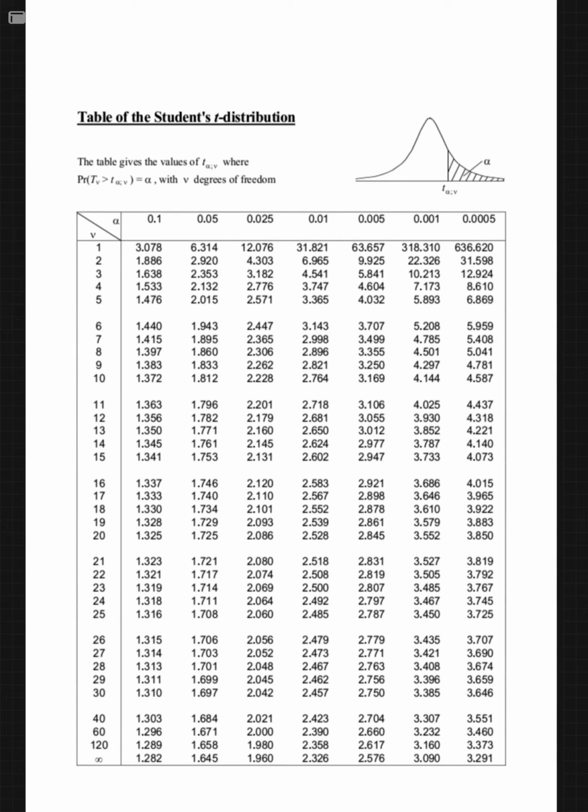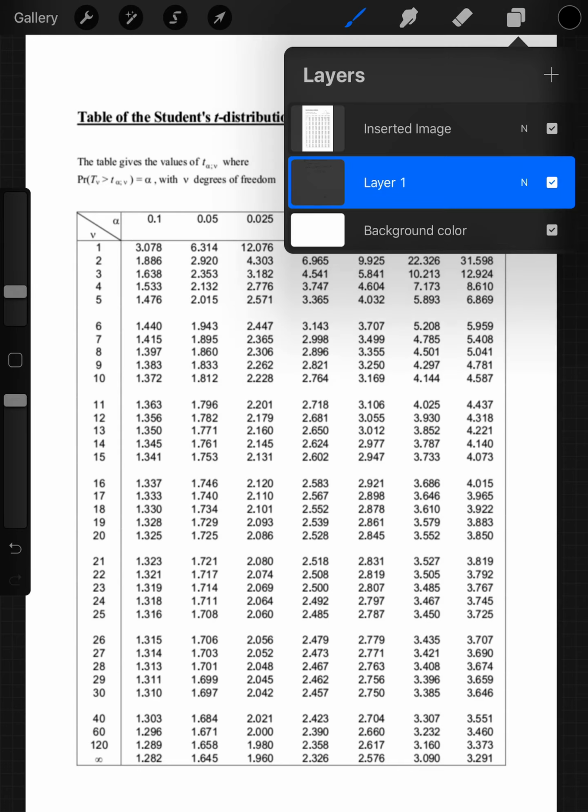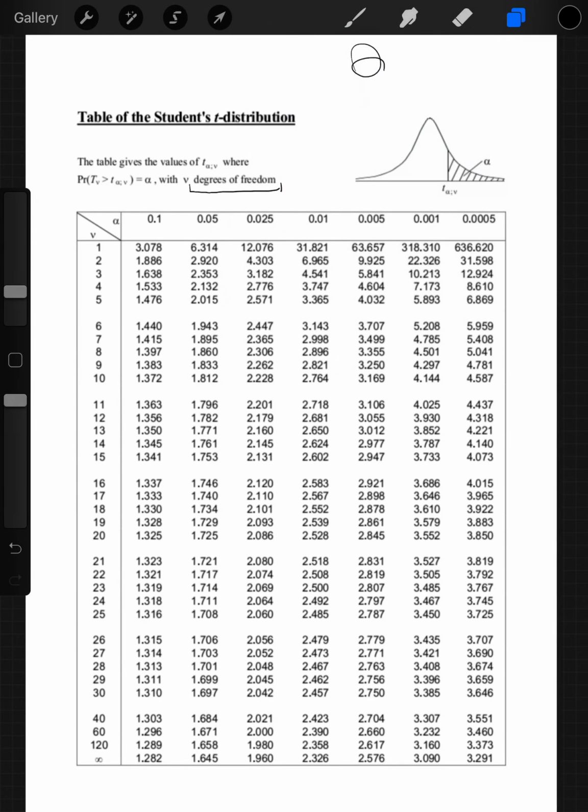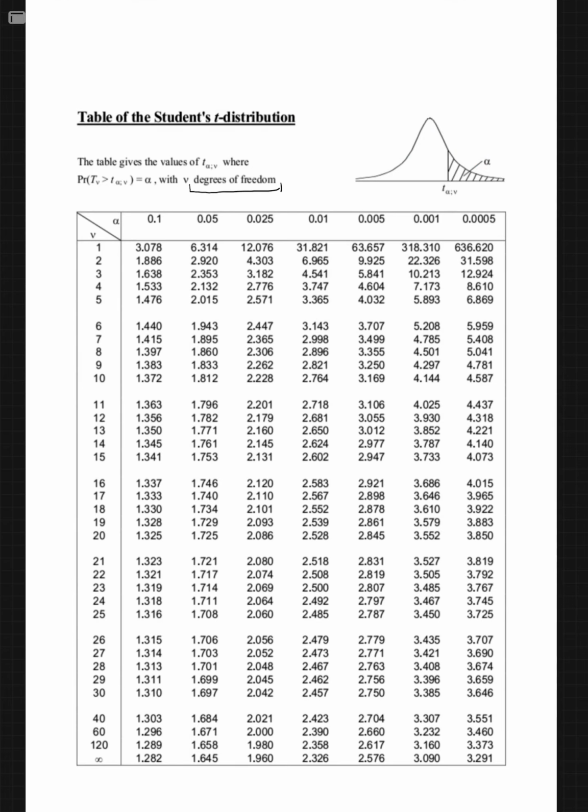One thing, other places have different... Oh, I know what's going on there. Let's move this to there. Haha, fixed. So other places have different notation for degrees of freedom, but they will always tell you what it is. So here, when it says V degrees of freedom, that's just going to say that when we're looking for DF, we would call it V on this chart.